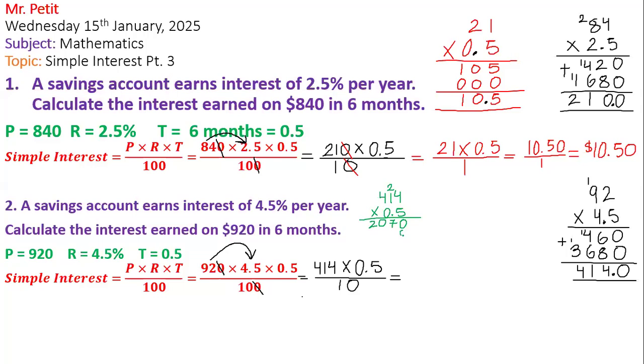Put the 0 down. 0 times 0, 0 times 4 is 0, 0 times 1 is 0, 0 times 4 is 0. 5 times 1 is 5, plus 2 is 7. And so we are left with 2,070.